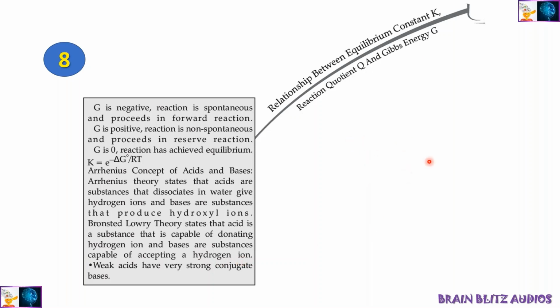H+ plus OH- gives you H2O. So they can accept H+ ions. Now, the last point here says that weak acids have very strong conjugate bases. If an acid, such as acetic acid, is weak, it will have a very strong conjugate base to neutralize itself.